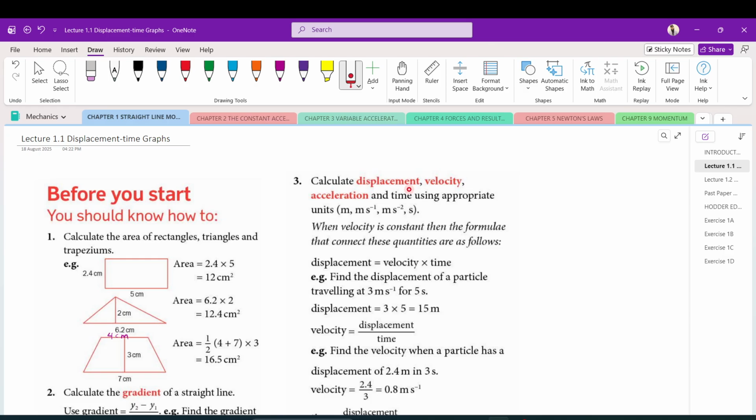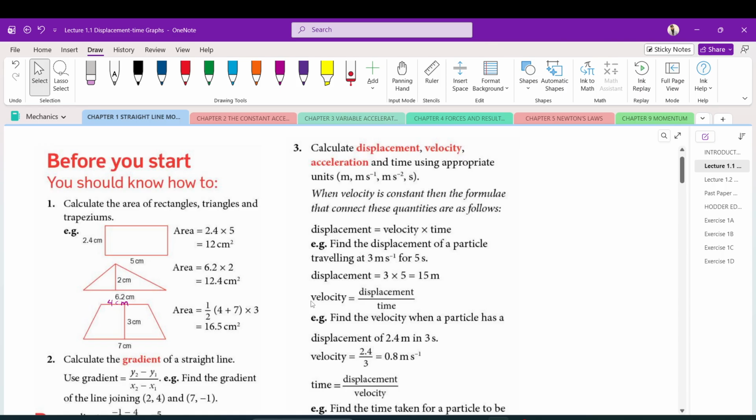Okay. Now you might be familiar with the terms distance and speed. Okay. But here the terms that are used are displacement and velocity. So what is the difference between distance and displacement, and what is the difference between speed and velocity? So we shall look at that in few minutes.